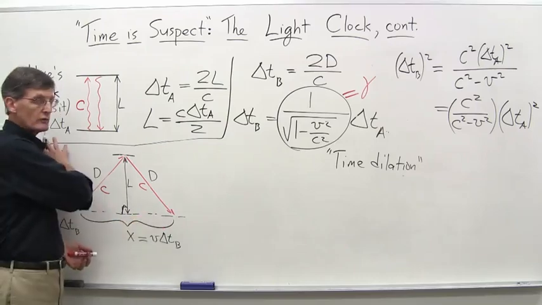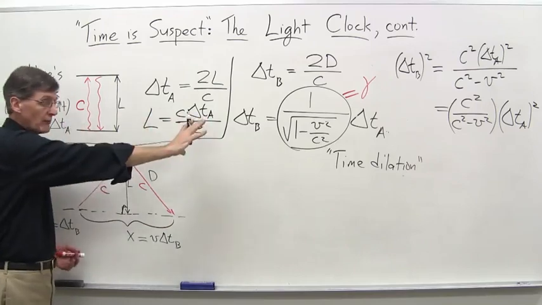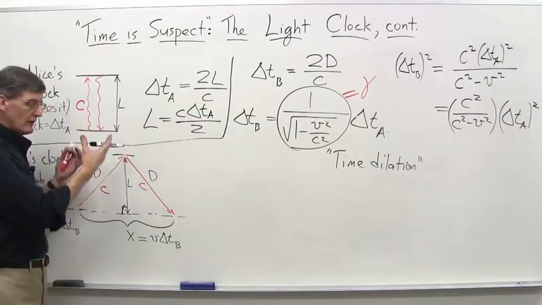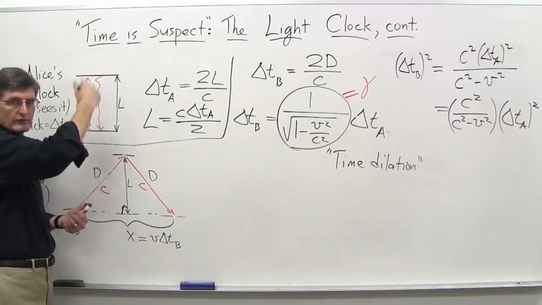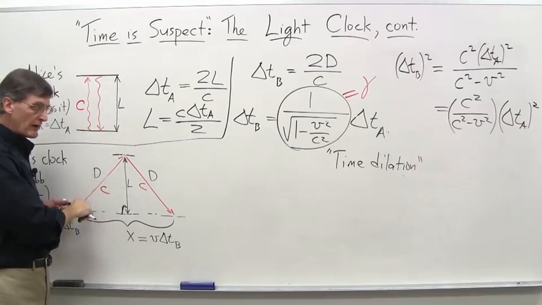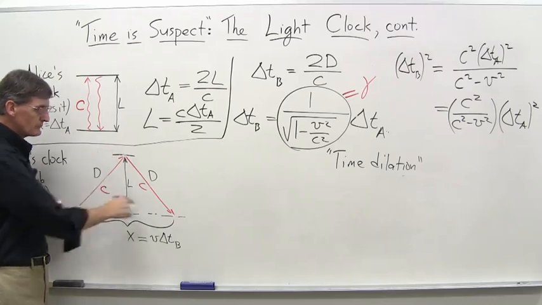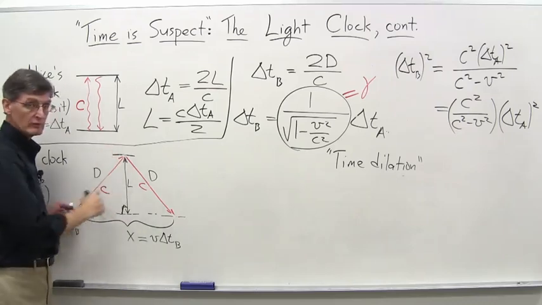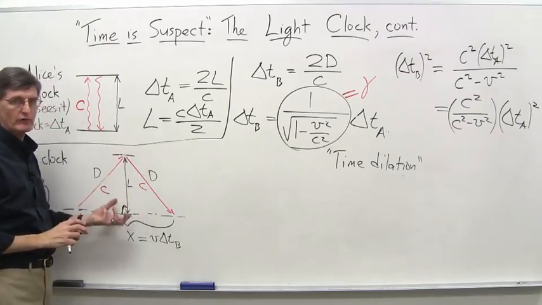When Alice goes in motion at some velocity v, passing by Bob with her light clock, as far as she's concerned, her clock is just ticking away nicely. Nothing weird about it. Bob, however, sees her light clock going up and coming down again at a diagonal, and therefore he sees her clock ticking more slowly.